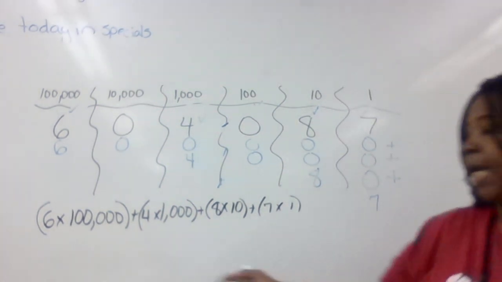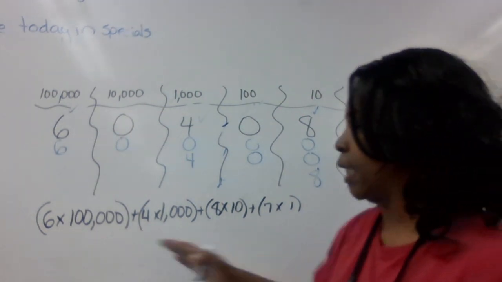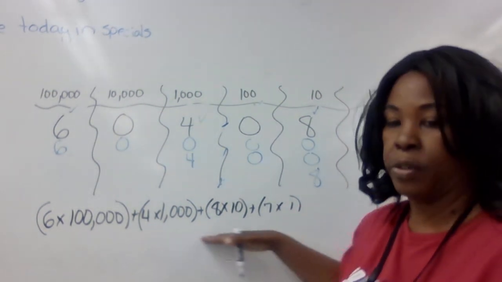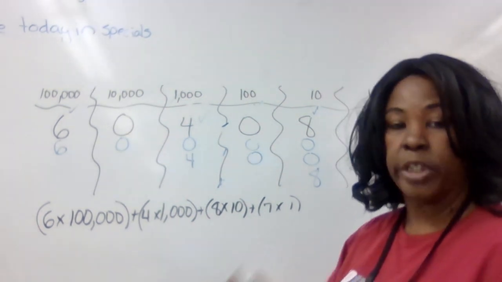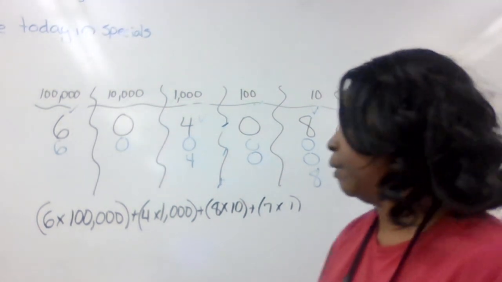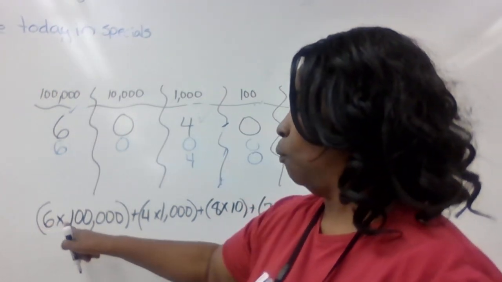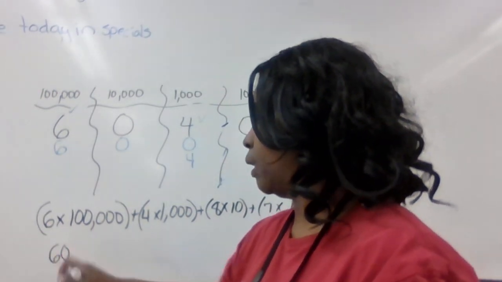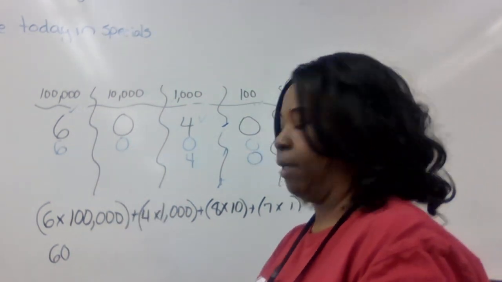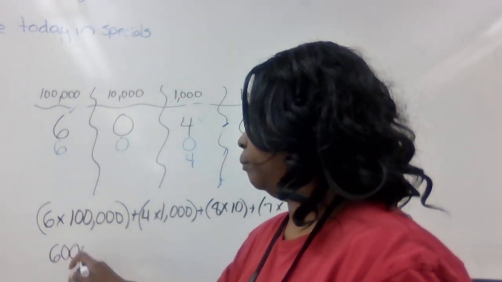And how you can check to see if you're right. So for example, if they give you the expanded form this way, this is a way that you can convert it to standard form, which is just numbers. They stand by themselves. So 6 times 1 is 6, and then the rest of these zeros would stay. Or 6 times 100,000 is 600,000.